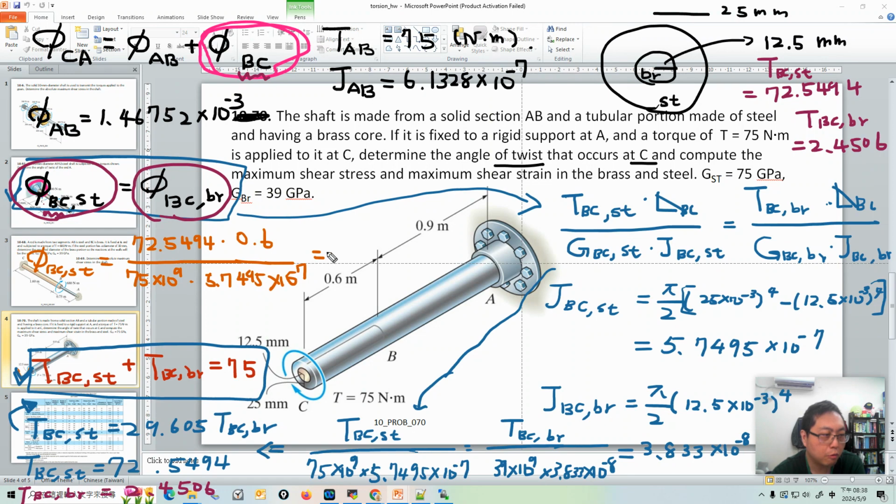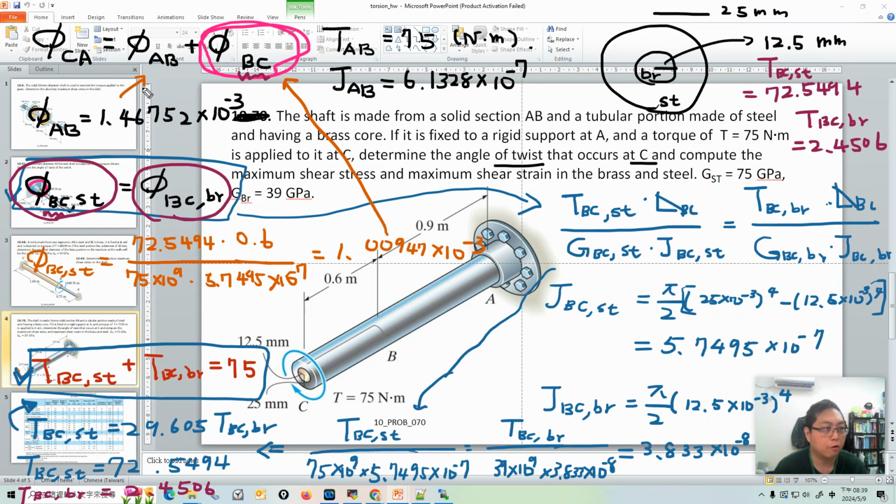So after all, what's the value of this? You will get this value is 1.00947 times 10 to the power minus 3. So this is your φ_BC, and we already got φ_AB, right?